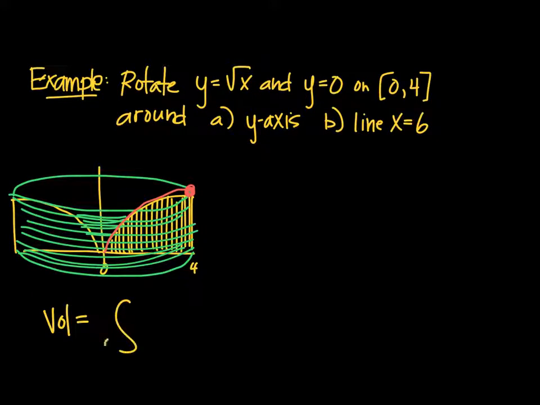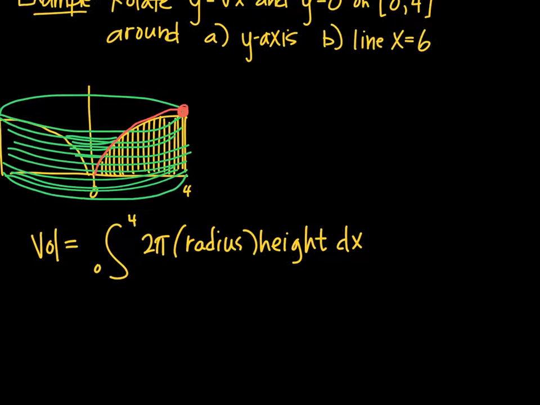Our volume's going to go from 0 to 4. It's going to be 2 pi, and then we need to do radius, and we need to do height, dx. So for this problem, the radius is the absolute value of x minus the position of the axis of rotation. And what's the axis of rotation right now?